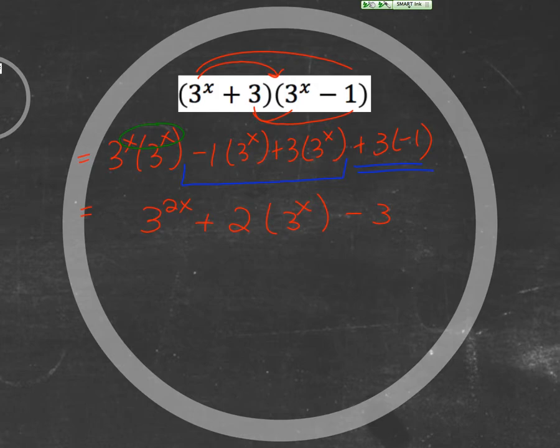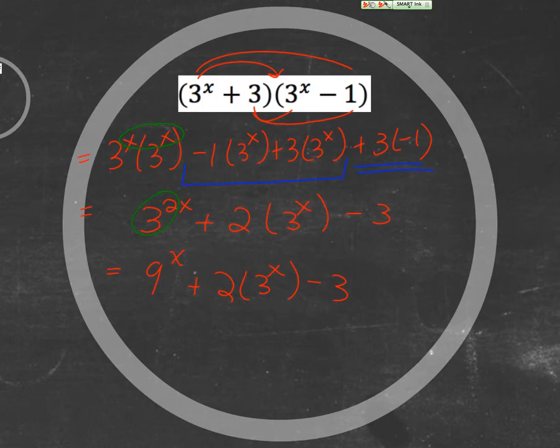You could do that, but it's not going to be as simplified as we could get. All right, so then we will take that one last step and write 3 squared as 9. So 9 to the x power plus 2 times 3 to the x power minus 3. That's a really good question too. I'm thinking about it more.